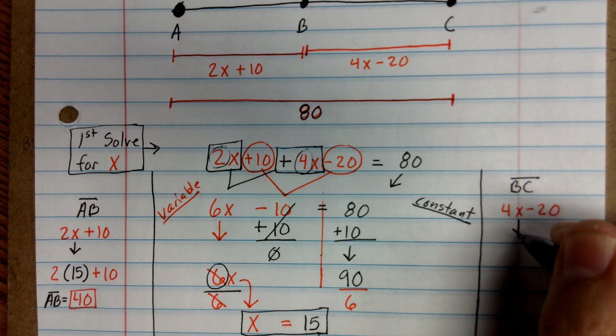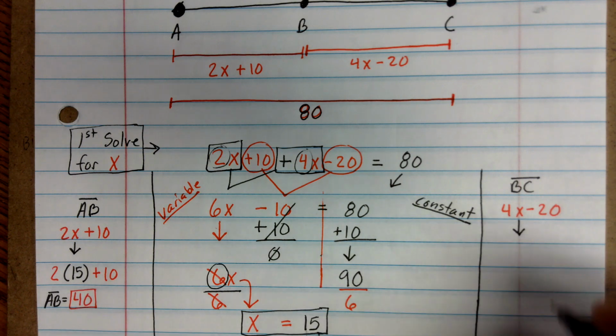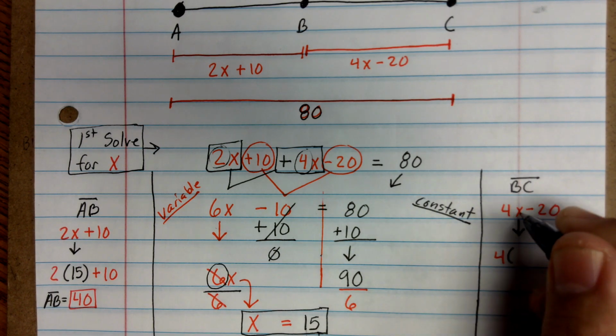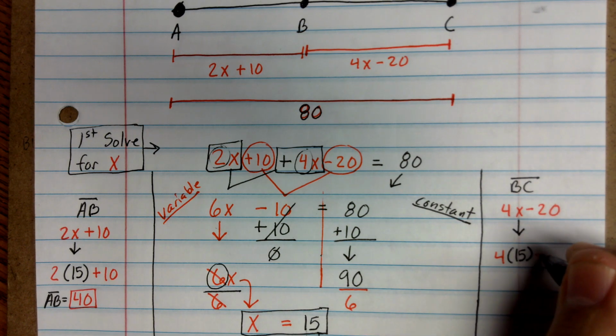And what we're going to do is substitute for the value of x again. And notice, we found that x was 15. So just like we substituted in place of x for AB, we're going to substitute it in place of x for BC as well. So when I write this, I have 4 times my x value, which is 15 in parentheses, because I'm replacing the x with a number, minus 20.